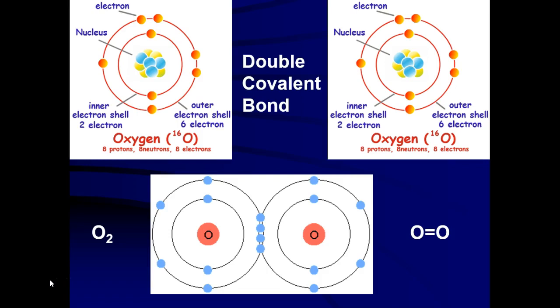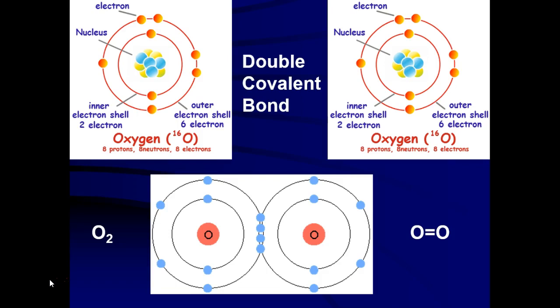And again, what we mean by covalent is that these electrons are spending half their time orbiting one nucleus and half their time orbiting the other nucleus. Right? And so in this case, this is how molecular oxygen works. And you can see how we represented it on the right with the 2 dashed lines. That tells us that is a double covalent bond. So in this case, we're sharing 2 pairs of electrons.